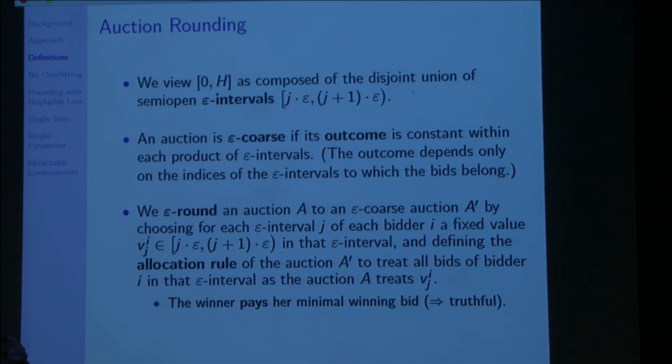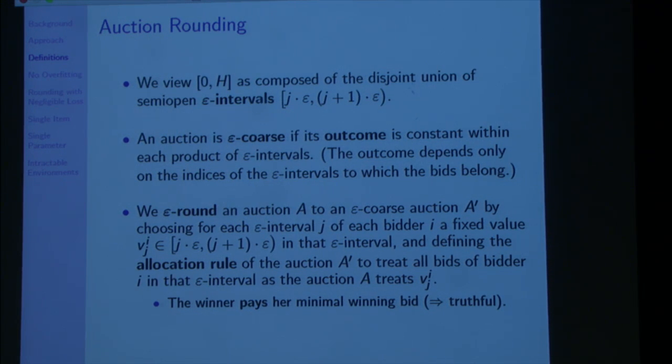If we say that the winner pays her minimal winning bid, so the minimal winning bid would be the minimal bid that a bidder could have given and still won, then this is guaranteed to be truthful. So in this case, there is maybe Mark versus Avishai. Each of them bids.